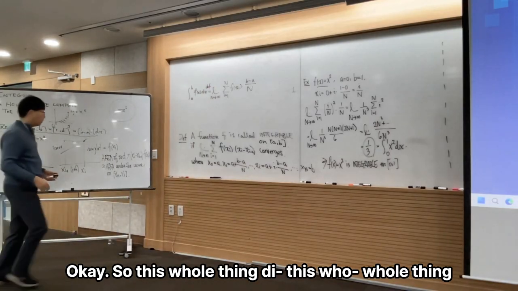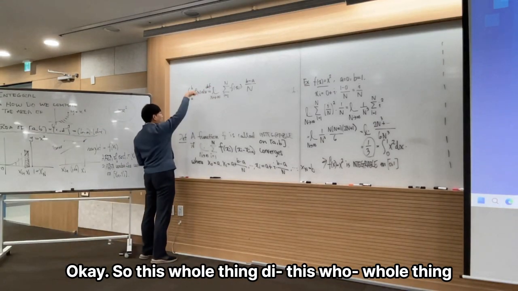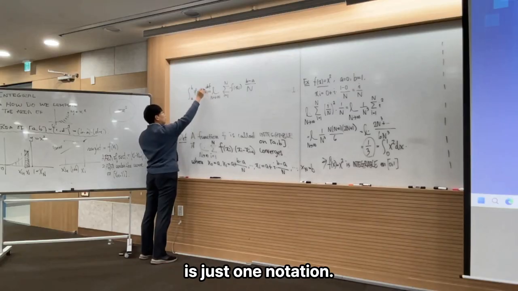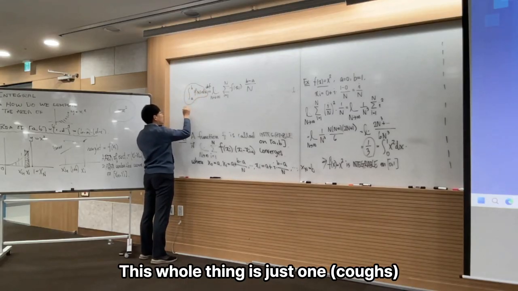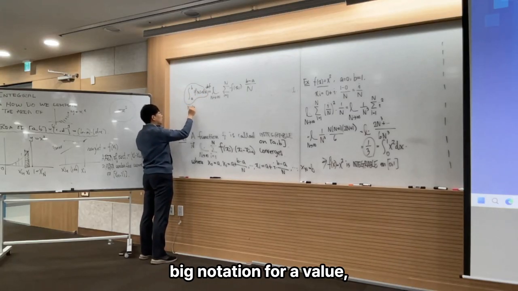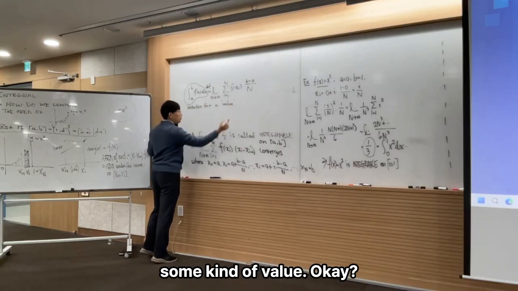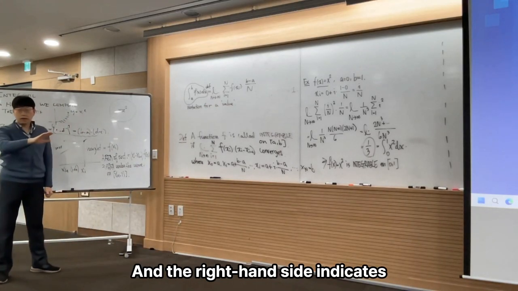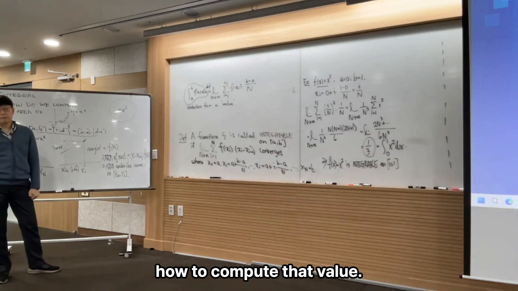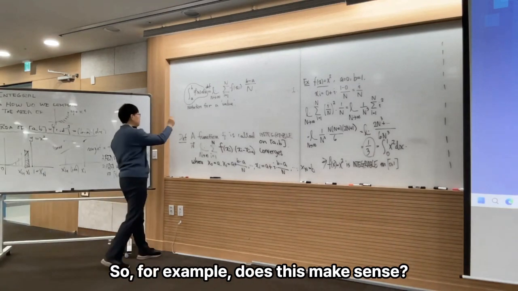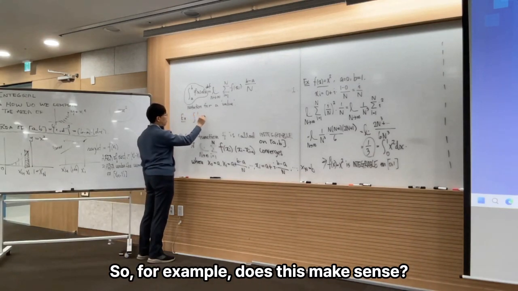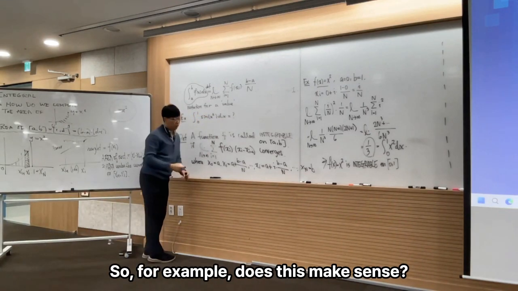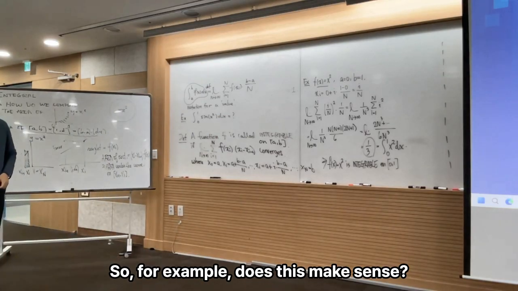So this whole thing is just one big notation for a value, some kind of value. And the right-hand side indicates how to compute that value. So, for example, does this make sense? What does that mean?